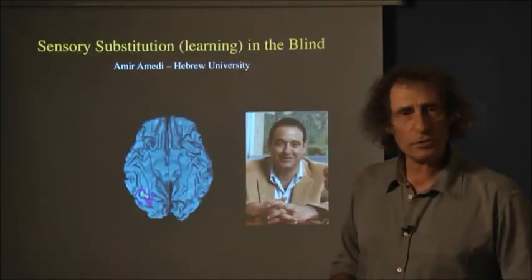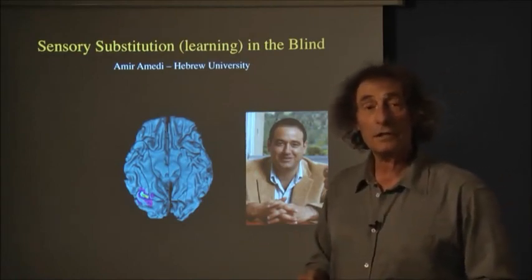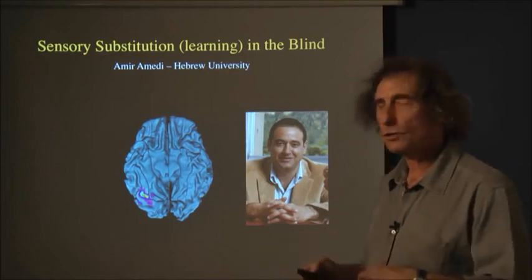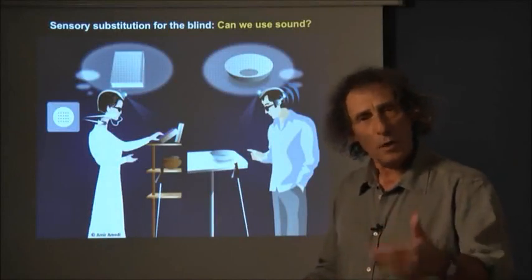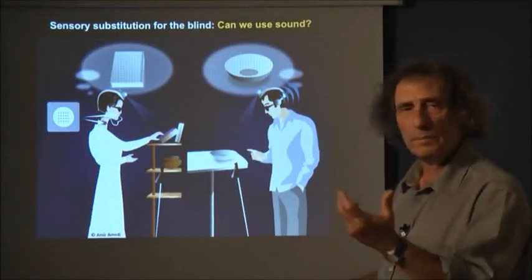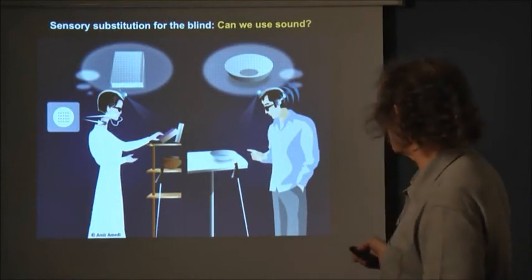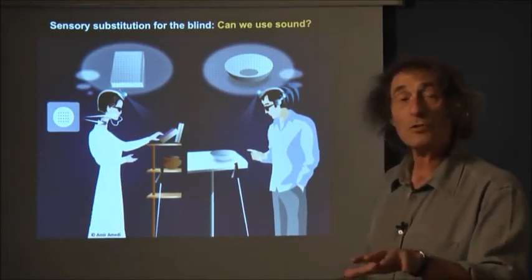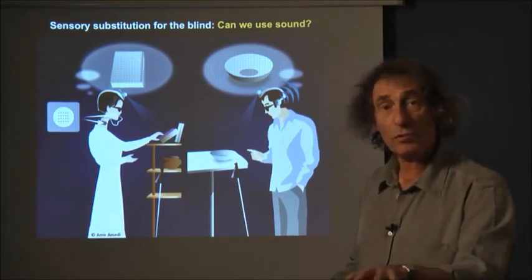So this is Professor Amir Amedi at the Hebrew University, and he is interested in a very fascinating aspect of brain research, which is called sensory substitution. You are all well acquainted with the fact that blind people can learn to use another sense, the touching, somatosensory sense, in order to develop the capability to read Braille.